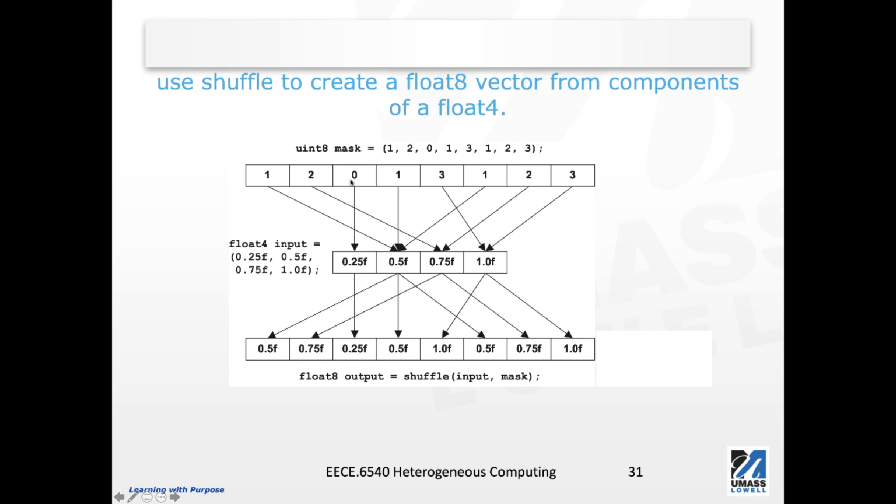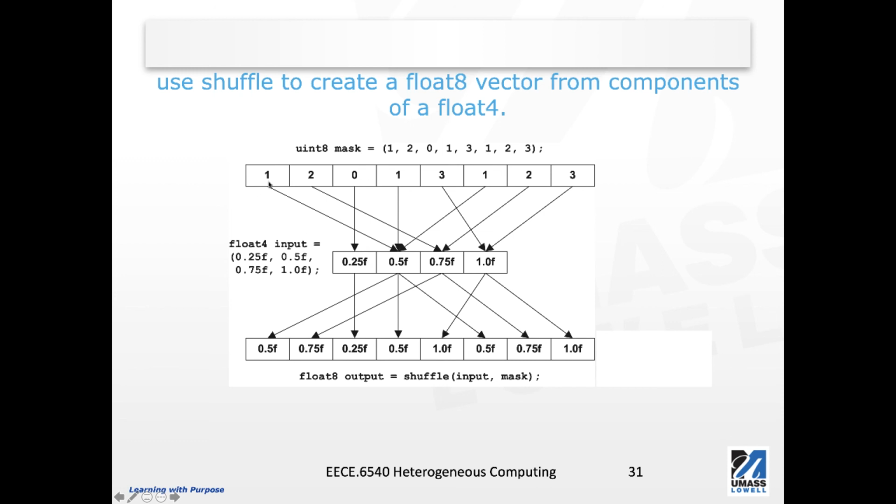So we have 1, 2, 3, 4, 5, 6, 7, 8 elements in this mask vector. For each element in this mask, we have a value. Although it's an 8-bit integer, we're actually using only 2 bits of it, because the last 2 bits determine a value from 0 to 1 to 2 to 3. That is, we use these values as an index to select the corresponding element in the input vector.